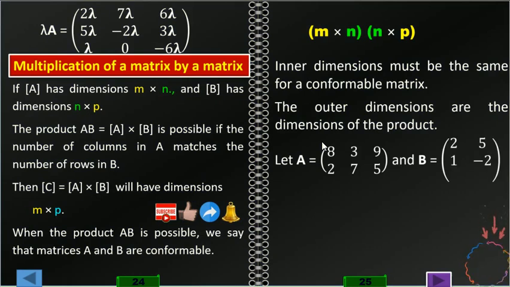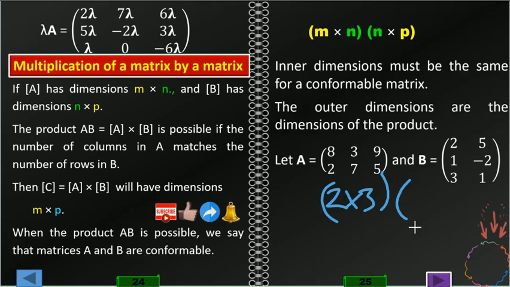Now look at the two matrices. Let A be equal to that and B is equal to this. The first thing you need to do before you start the multiplication is to check whether the multiplication is possible. Is it conformable? The first one has 2 rows and 3 columns, so it's 2 by 3. The second one has 3 rows and 2 columns.